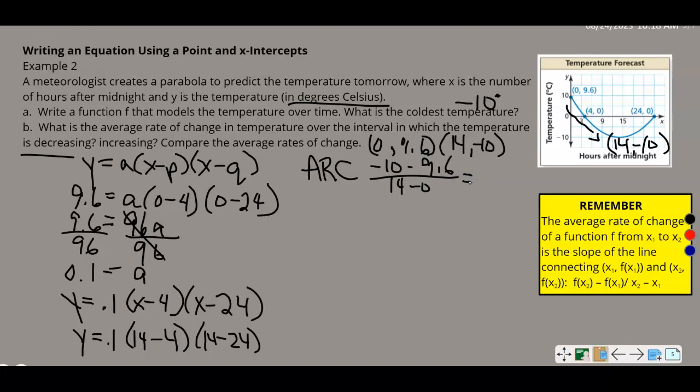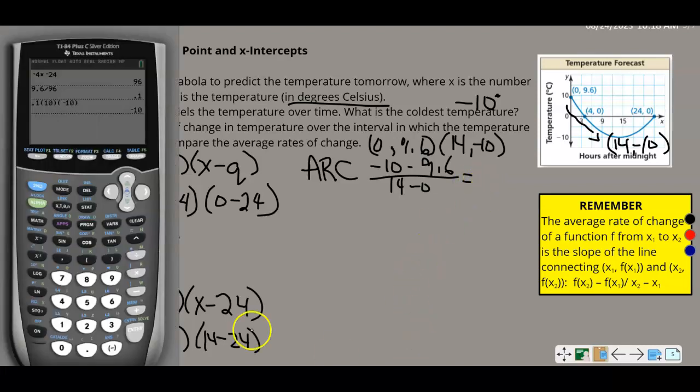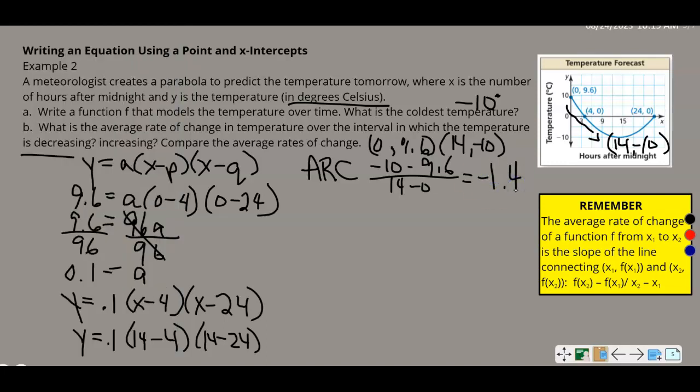So I've got -19.6 divided by 14. And that's going to give us an average rate of change of -1.4. So that's our first average rate of change, and that's the average rate of change where it's decreasing.